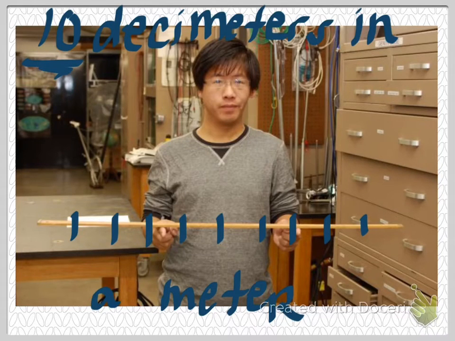So just like there were 10 centimeters in a decimeter, there are 10 decimeters in a meter. Using that information, how many cubic decimeters do you think are in a cubic meter?